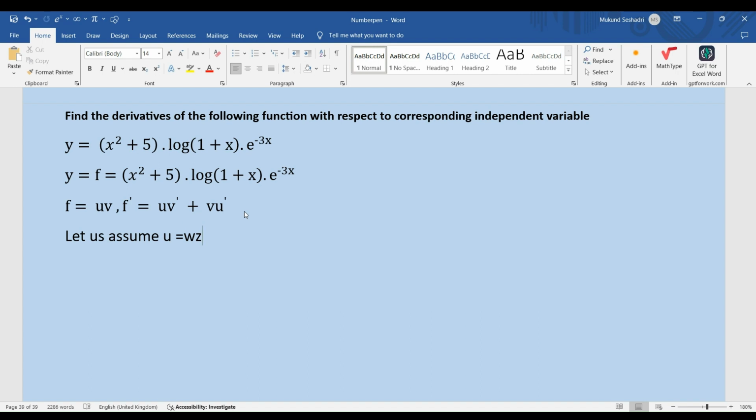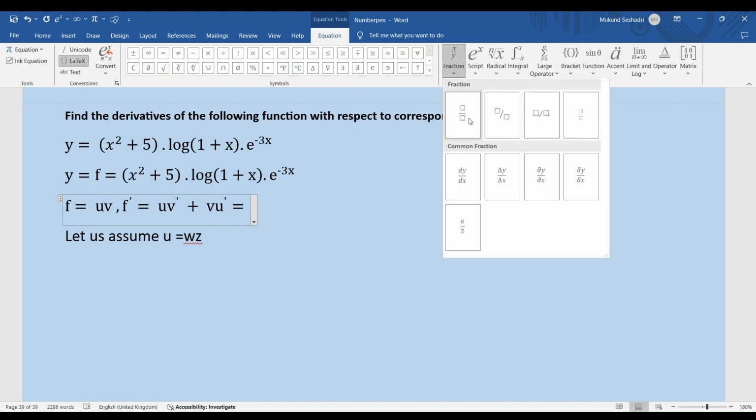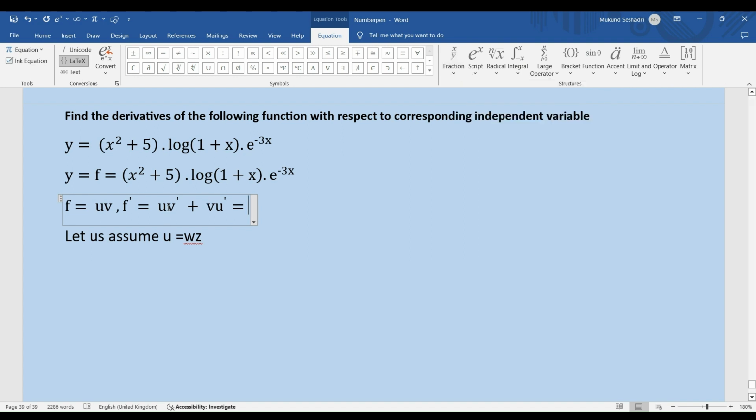And remember folks, all these u's, w's, z's are dependent on the independent variable x, right? So what is my u dashed? I'm just going to expand my u dashed in the same line. What do we get? So I have my uv dashed as it is, right? So what is my u now?